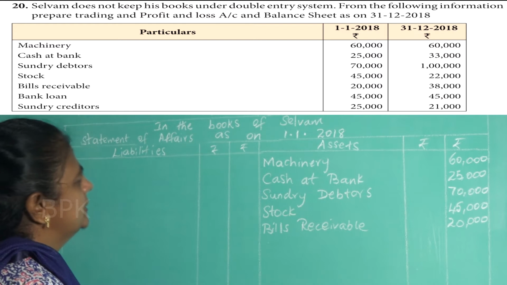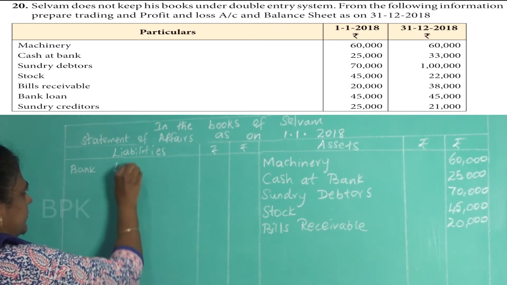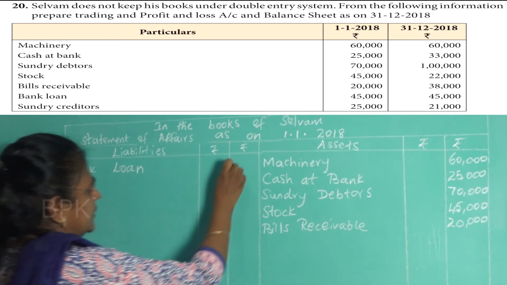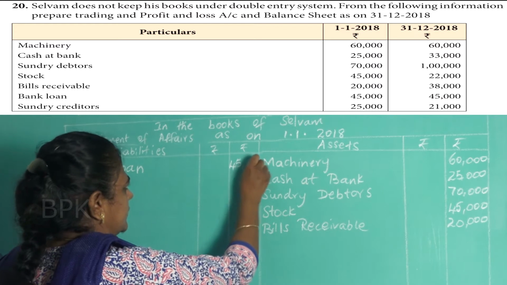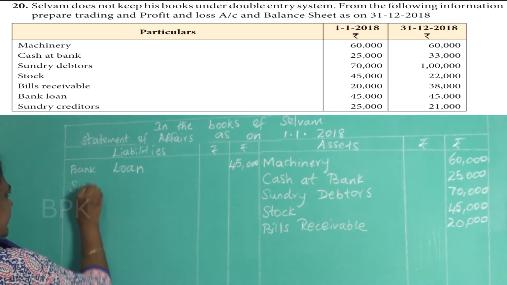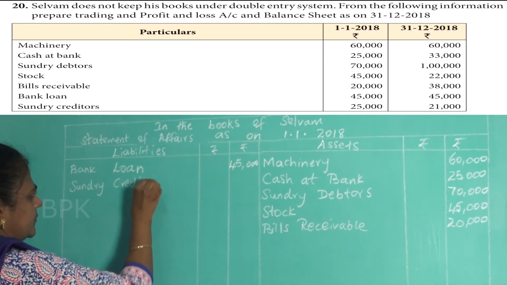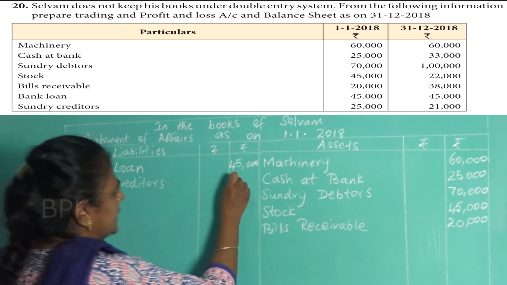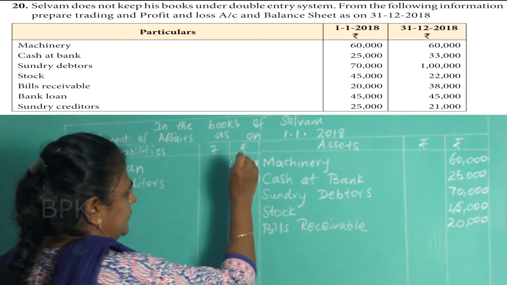Okay. Liabilities. What are the liabilities given there? Bank loan 45,000. Then next, sundry creditors 25,000.